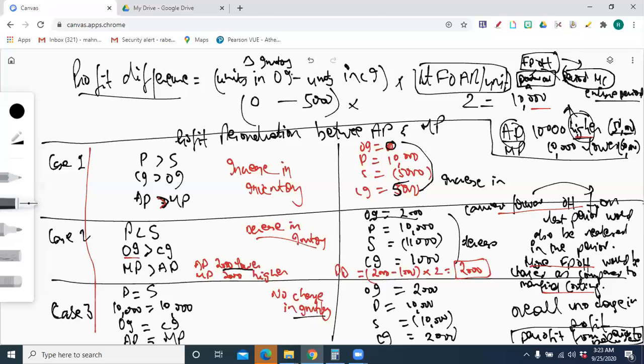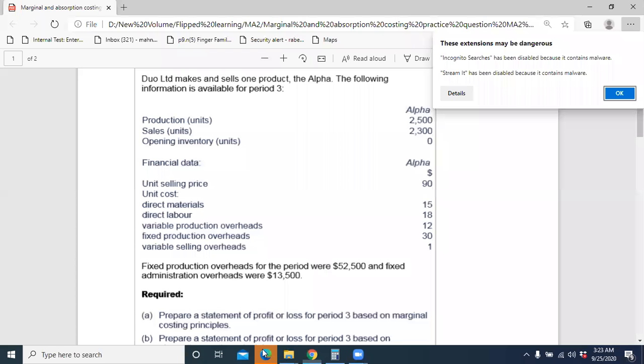Okay? So always remember this. In the next lecture, we're going to actually solve a question and then reconcile the profit.